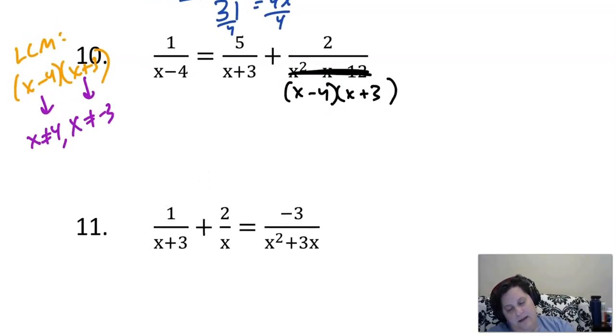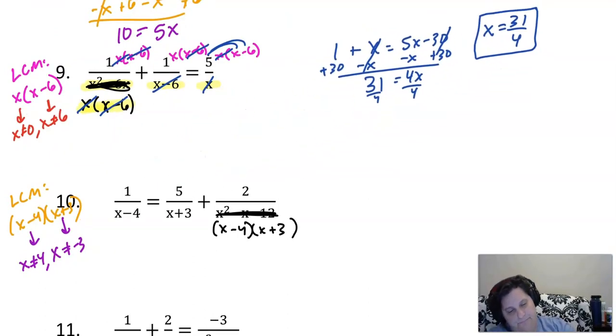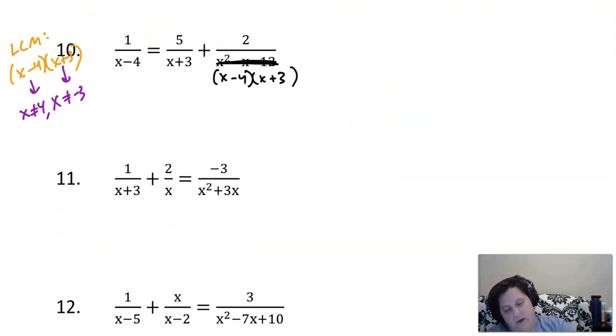Okay, cool. I'm going to multiply this one, actually, first, hang on, I'm going to move that out of the way. Okay, I'm going to multiply this one by x minus 4 times x plus 3. Multiply this one by x minus 4 times x plus 3. And I'm going to multiply this one by x minus 4 times x plus 3.